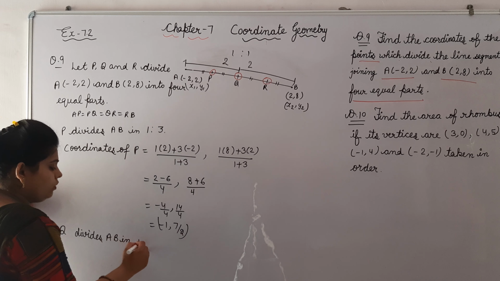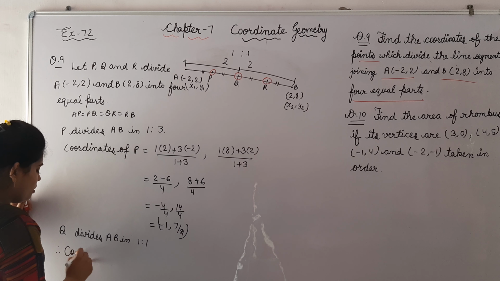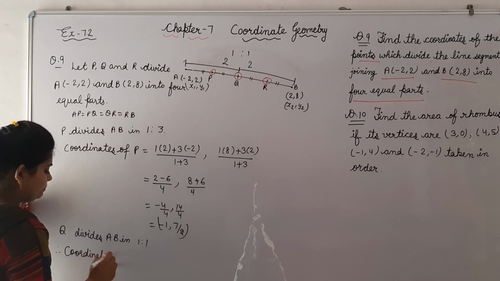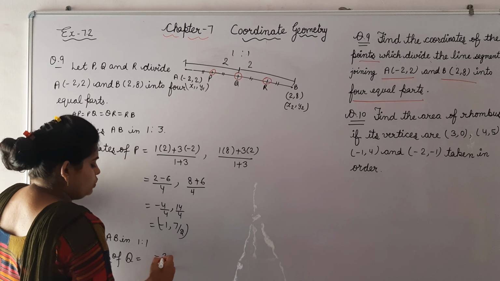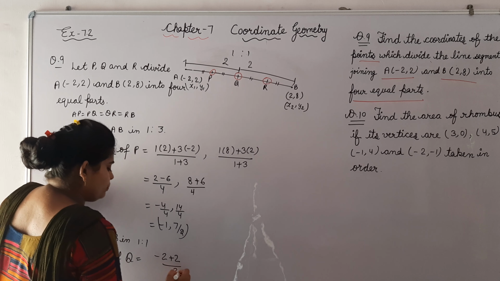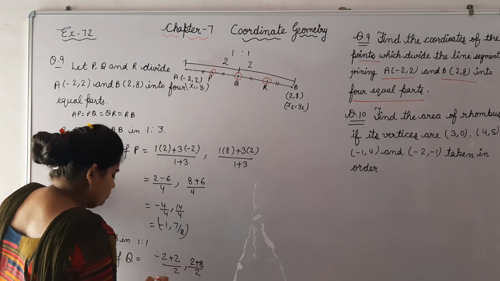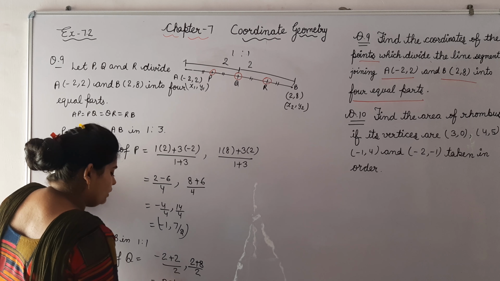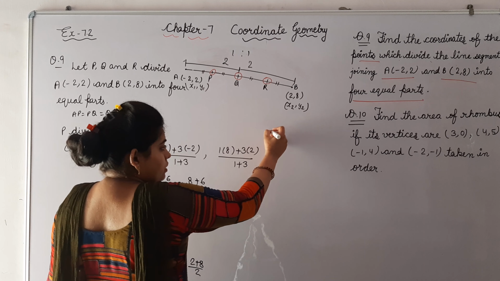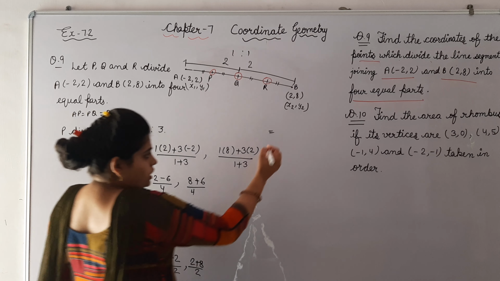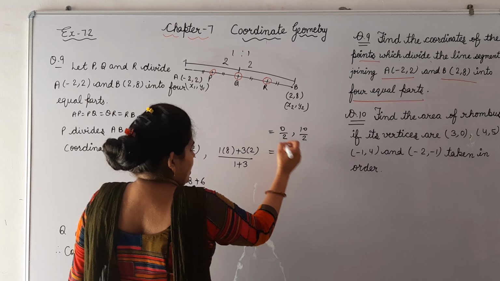Then what we will write? In ratio 1:1, coordinates of Q are (-2 plus 2) by 2, (2 plus 8) by 2. 0 by 2, 10 by 2 means (0, 5).